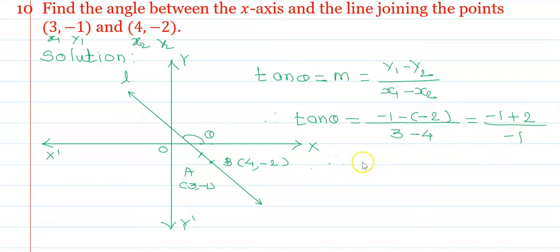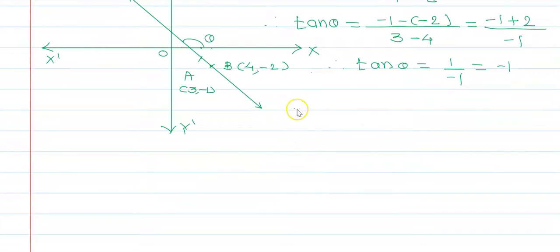And therefore, tan theta is equal to 1 upon minus 1, and that is equal to minus 1. Here, tan of theta is equal to minus 1. That is a minus in bracket tan of pi by 4 or 45.